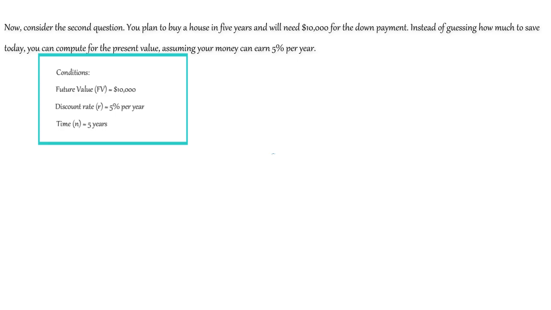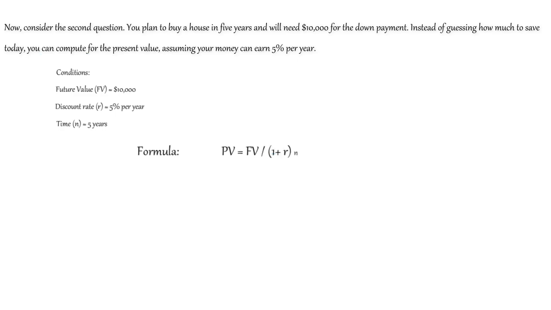Time is 5 years. What is our formula? PV is equal to FV divided by (1 plus R) to the nth power. Plug them in, and we get PV is equal to 10,000 divided by 1.05 to the 5th power.